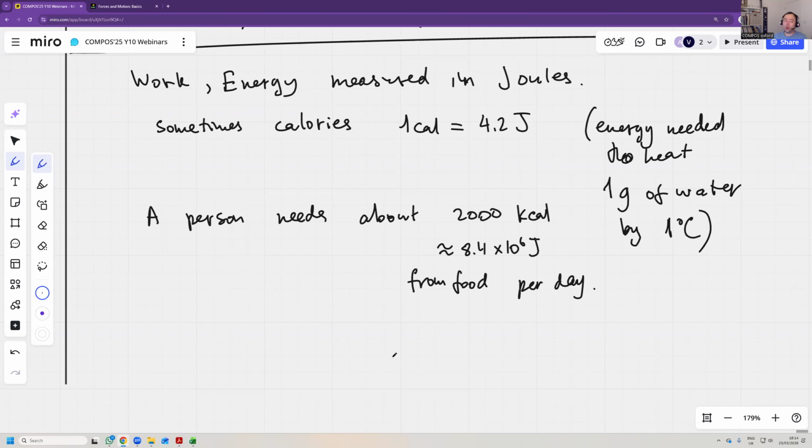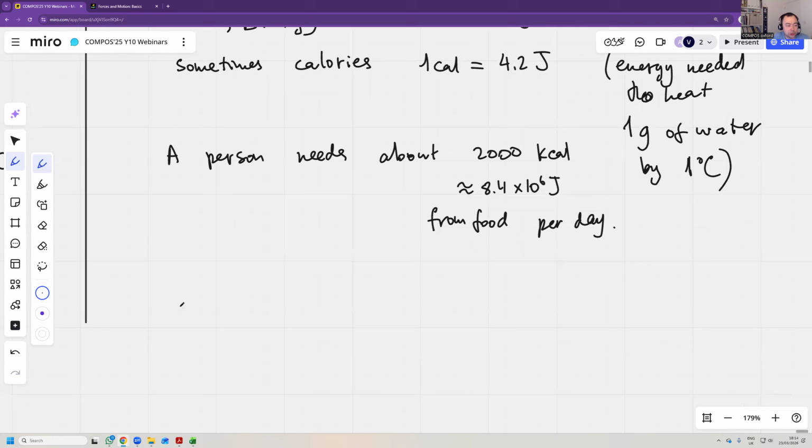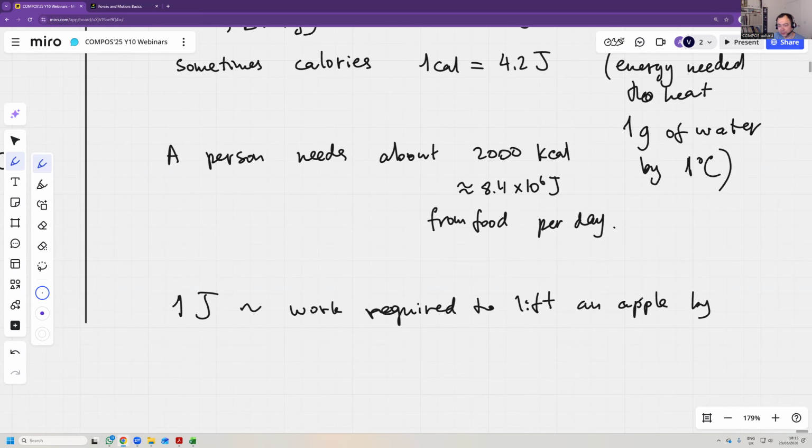To understand what 1 joule is, just to get a very simple understanding, if you take an apple and lift it by 1 meter off the ground, the amount of work is approximately 1 joule. 1 joule is the work required to lift an apple by 1 meter.